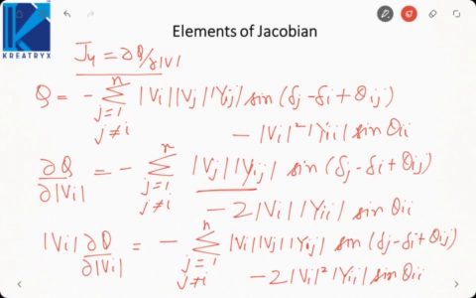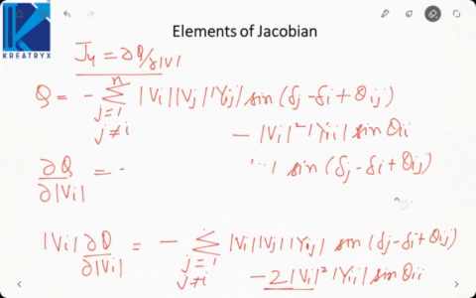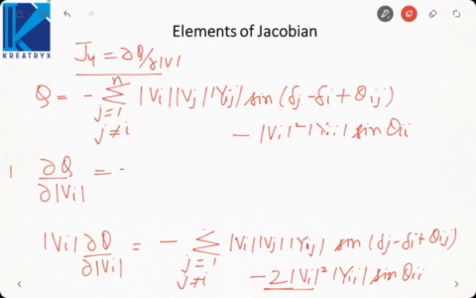So this is the same as the initial term, just with one additional term like this. So this can also be replaced as |Vi| ∂Q/∂|Vi|, which will actually be Qi minus |Vi|² |Yii| sin(θii). So that will be the diagonal elements of J4.